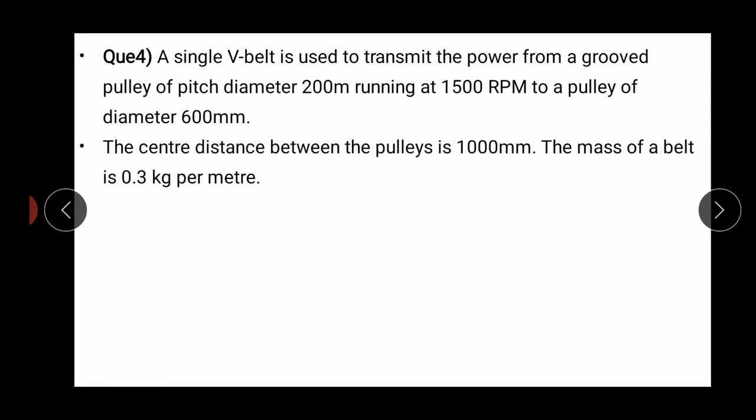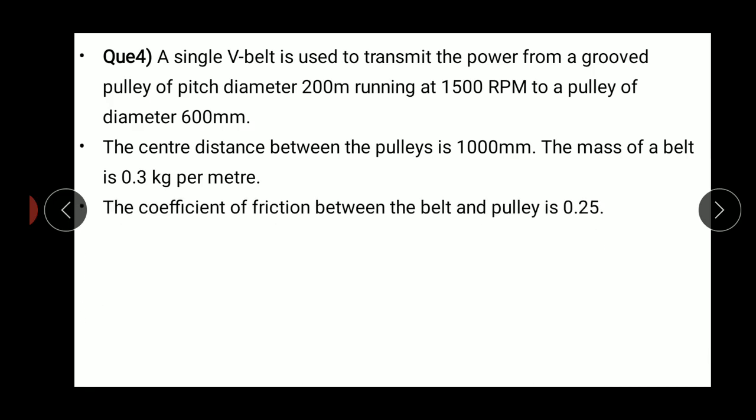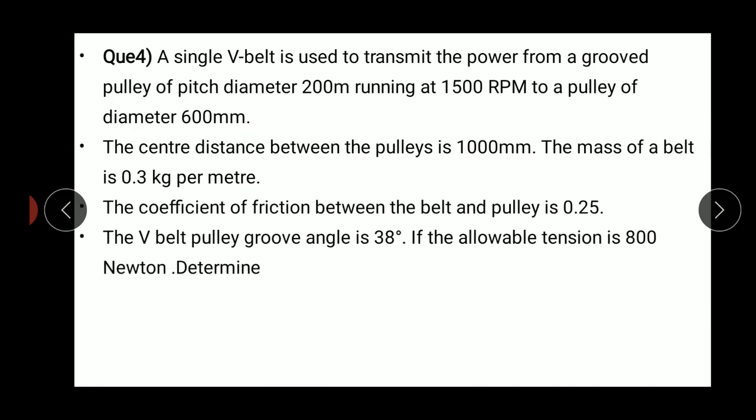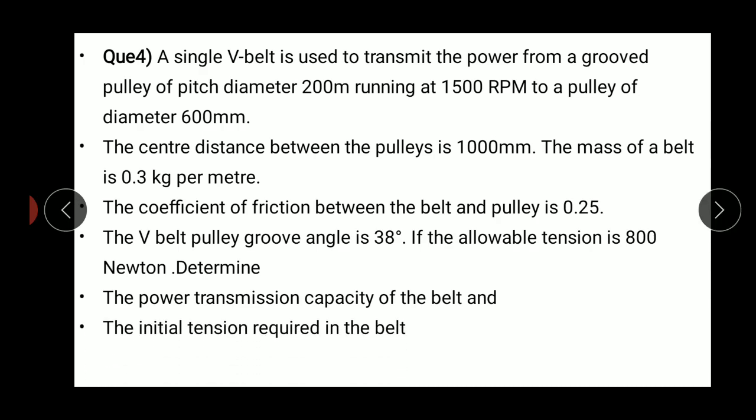The center distance between the pulleys is 1000 mm. The mass of the belt is 0.3 kg per meter. The coefficient of friction is 0.25. The V-belt groove angle is 38 degrees and the allowable tension is 800 newtons. Determine the power transmission capacity of the belt and the initial tension required in the belt.